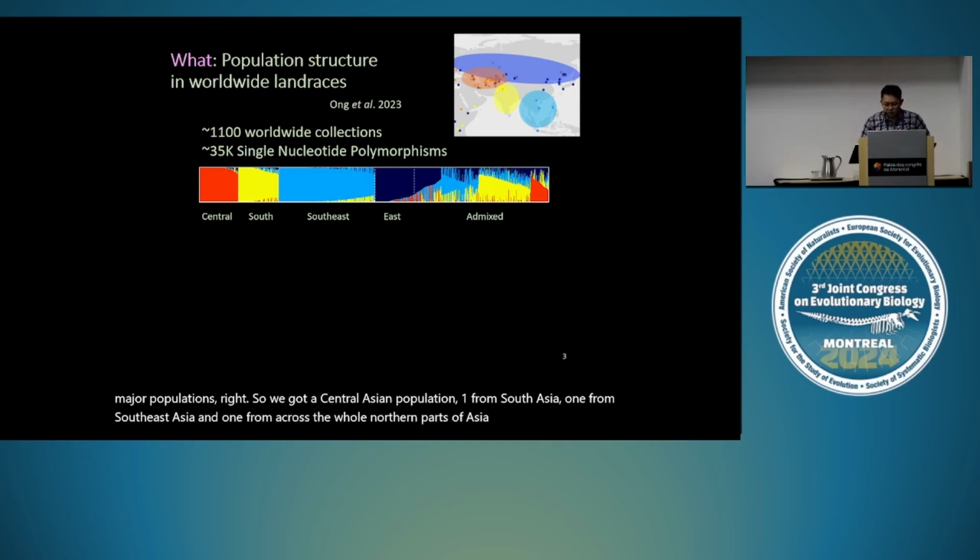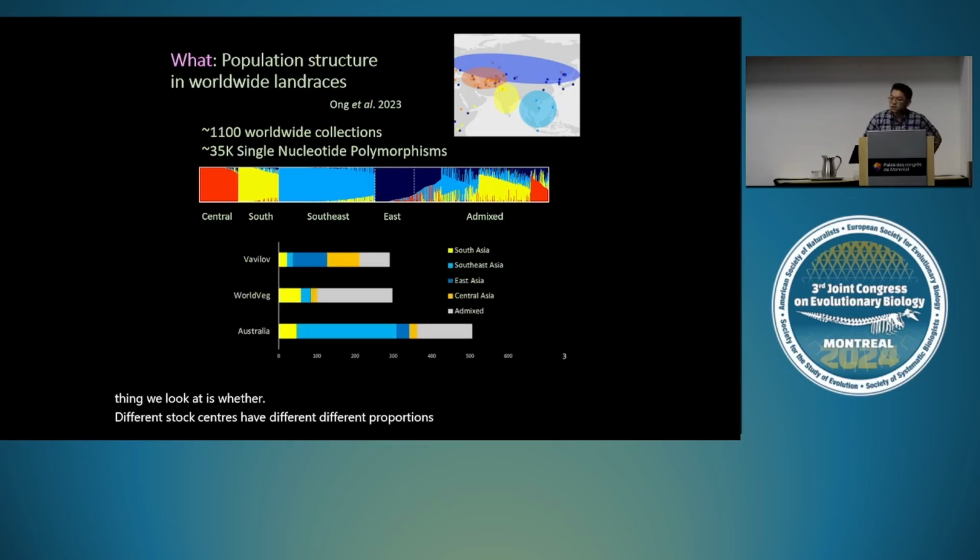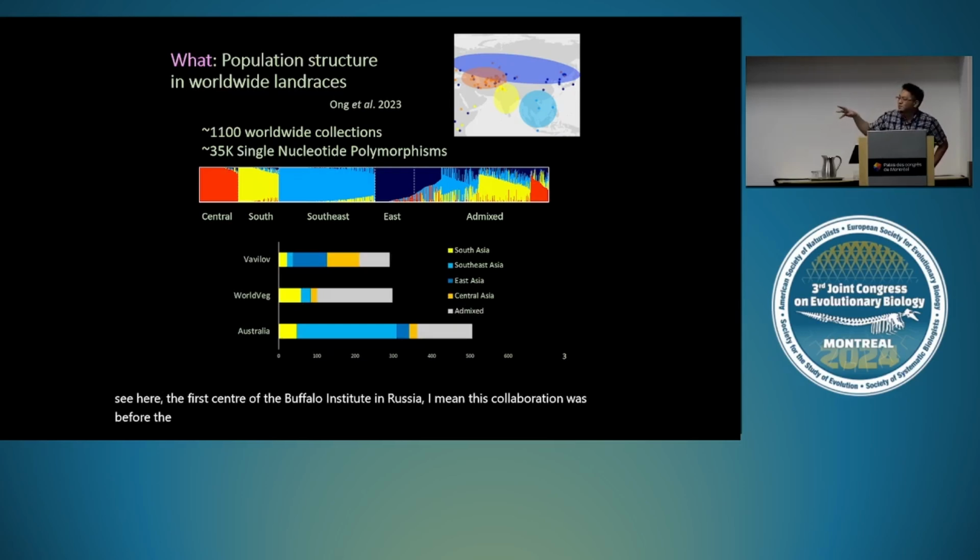Okay, so the first thing we look at is whether different stock centers have different proportions of these collections. As you can see here, the first center, the Vavilov Institute in Russia, and this collaboration was before the war, actually, is enriched for the more northern genotype, right? So they have the blue and the orange part.